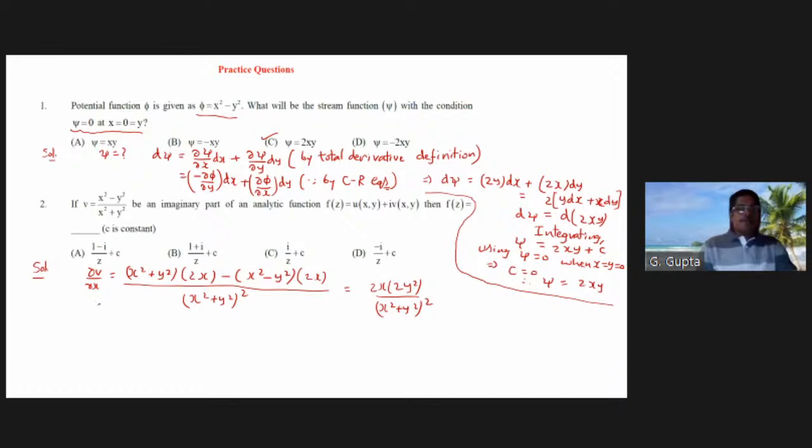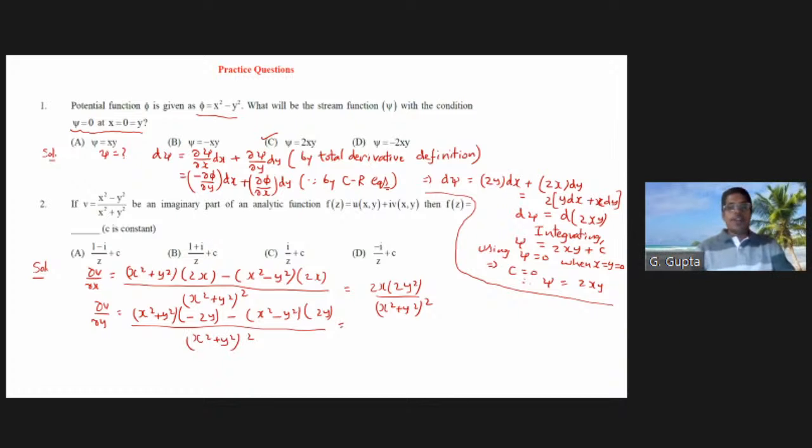Similarly, dou v by dou y is equal to x square plus y square into minus 2y, minus x square minus y square into plus 2y, divided by x square plus y square whole square.